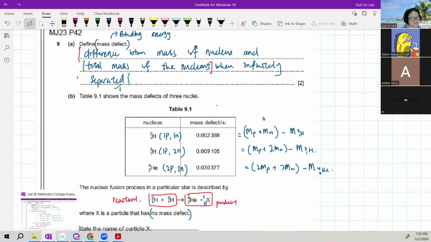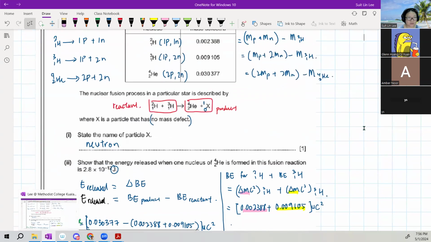The process is ²₁H separating completely to infinity into one proton plus one neutron, ³₁H into one proton plus two neutrons, and ⁴₂He into two protons plus two neutrons. Whatever number you have here, they already did the mathematics and just give you the final sum or subtraction.